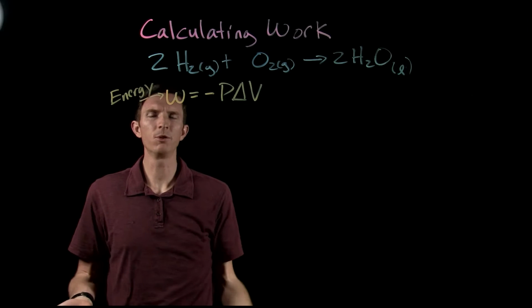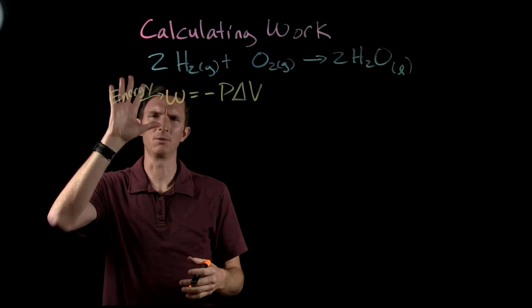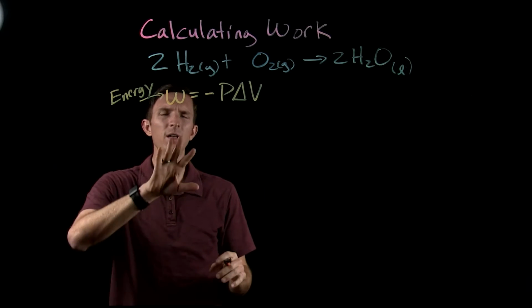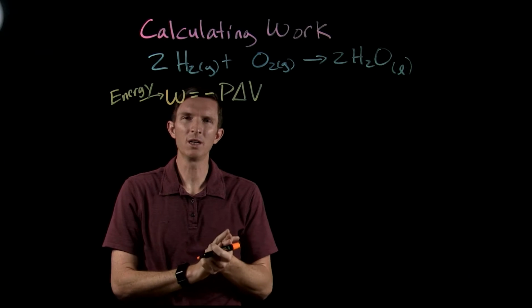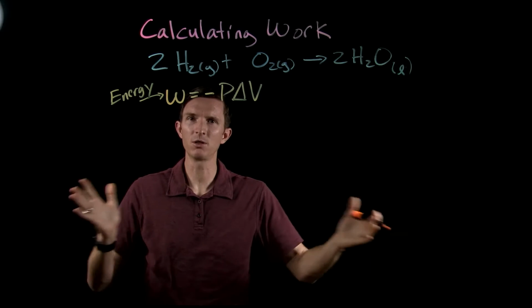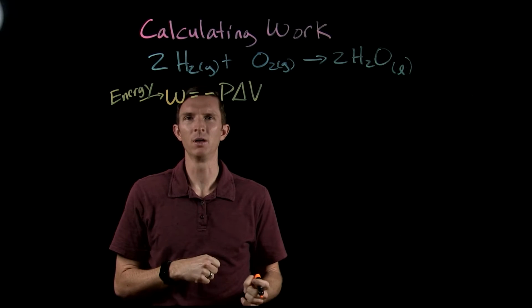Well, if we think about pressure and volume multiplied together, how would that give us something dealing with energy? Let's think about when a reaction happens, what is going to be the thing that causes expansion or contraction to happen at constant pressure?